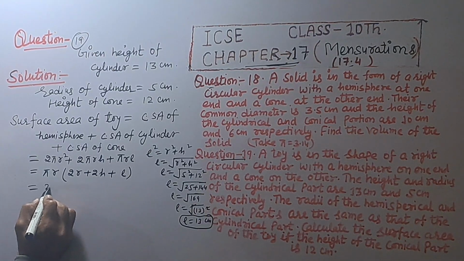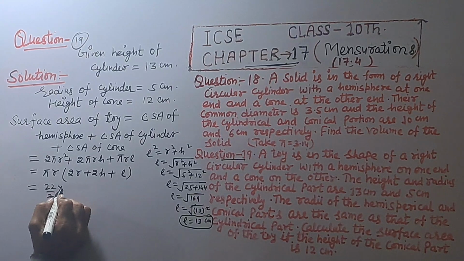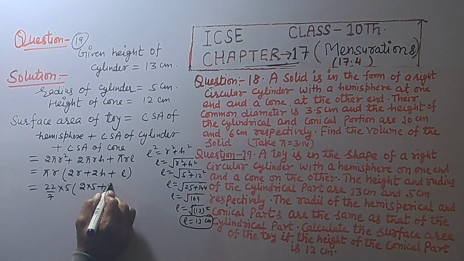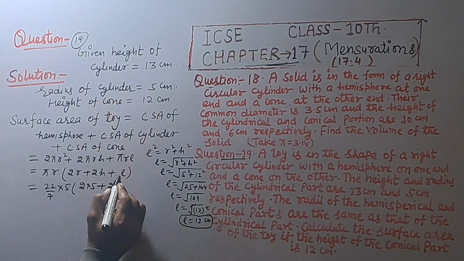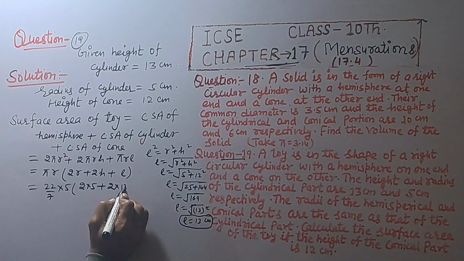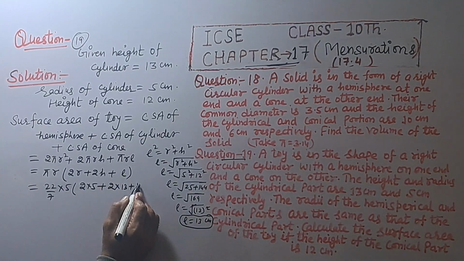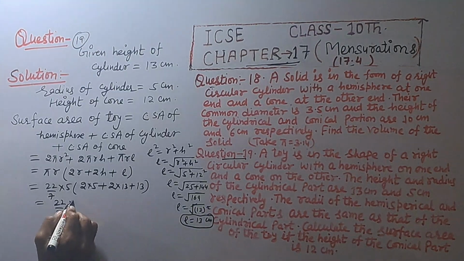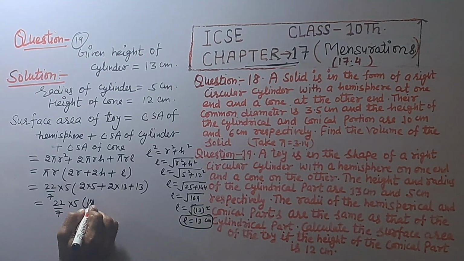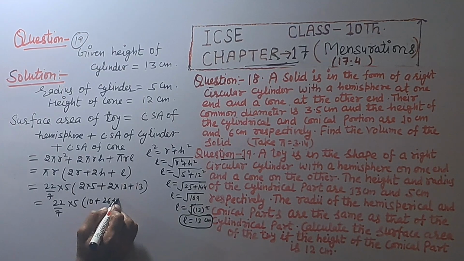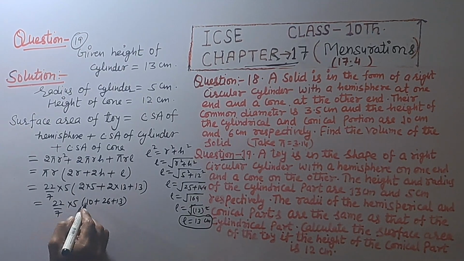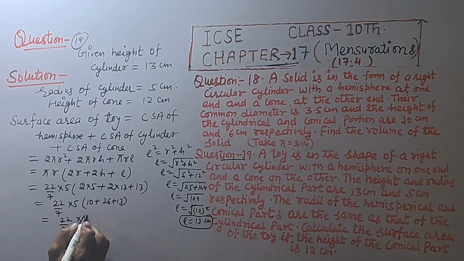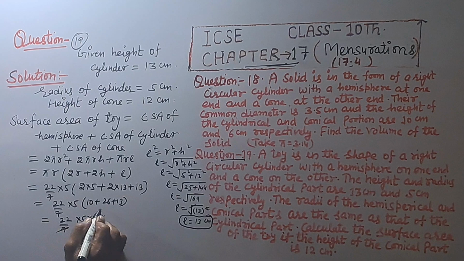Pi is 22 upon 7, into radius 5, into 2 into 5 plus 2 into the height of the cylinder, 13, plus the slant height, 13. That is 22 upon 7 into 5 into (10 plus 26 plus 13), that is 49. 22 upon 7 into 5 into 49, this is cancelled by 7.